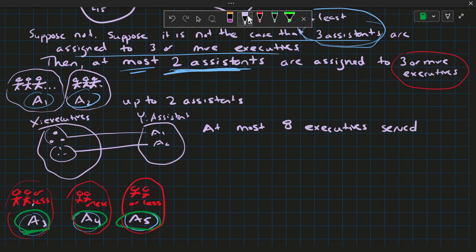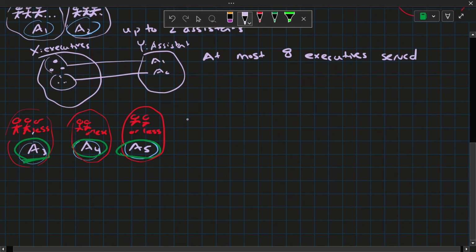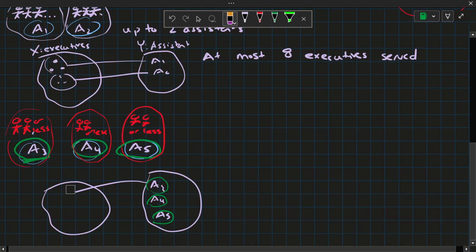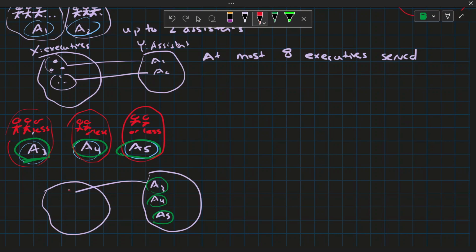And just as before, we can use another contrapositive version of the pigeonhole principle. So we have A3, A4, and A5, and back here in the executive set, each of these 3 green assistants has at most, not 3 this time actually, my bad, at most 2 executives that they're serving.